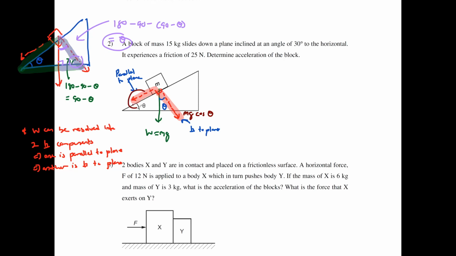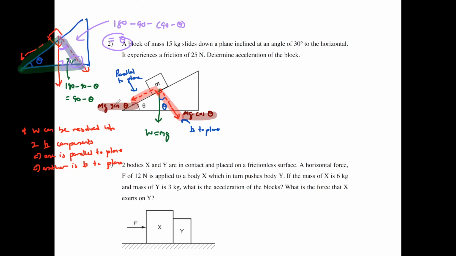If this component here, you shift it here to complete the triangle, it will be opposite to your angle. So this one will be sine. So this one will be mg sine theta. So mg cos theta here, mg sine theta here.